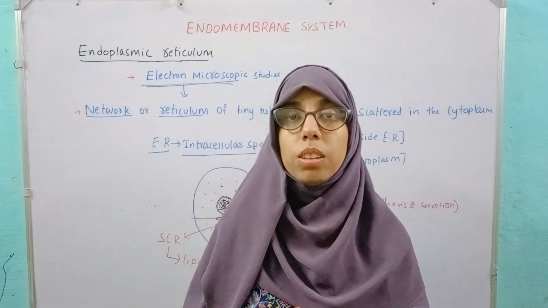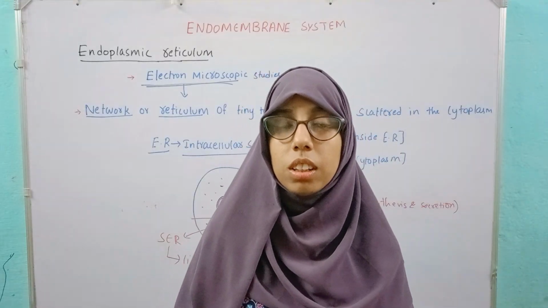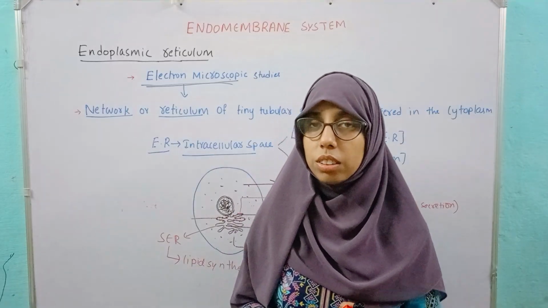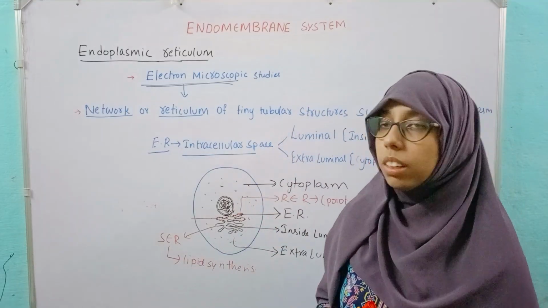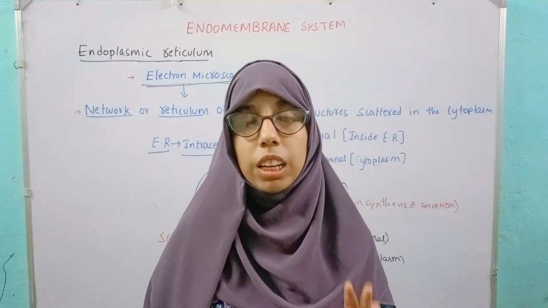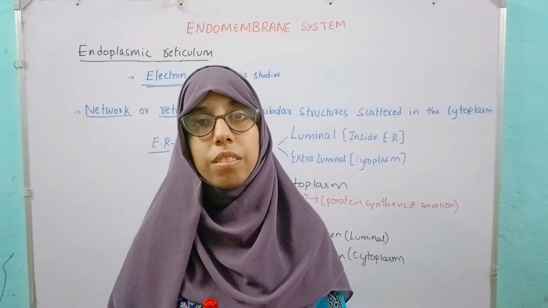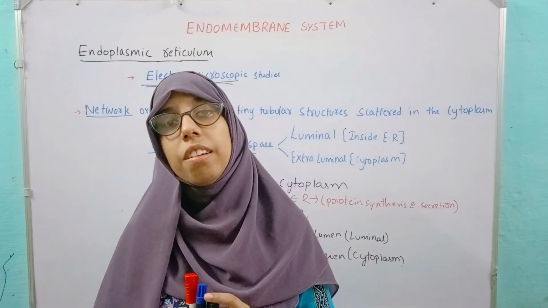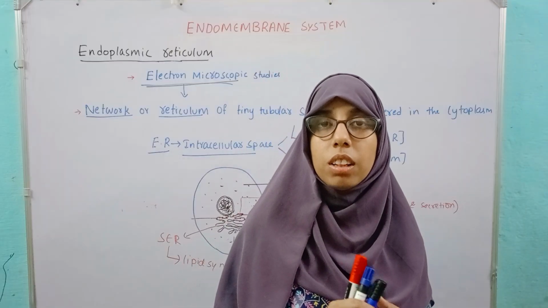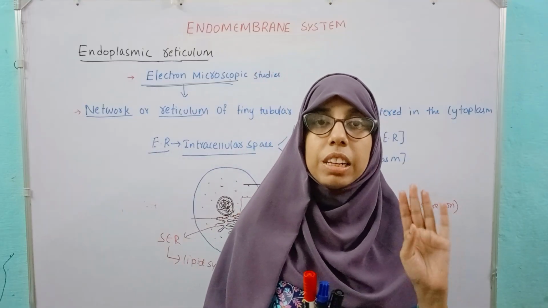So today we have studied a brief introduction to the endomembrane system, then the endoplasmic reticulum. We had a look at some tricks also. For example, VGEL is a trick to remember the organelles that form the endomembrane system.